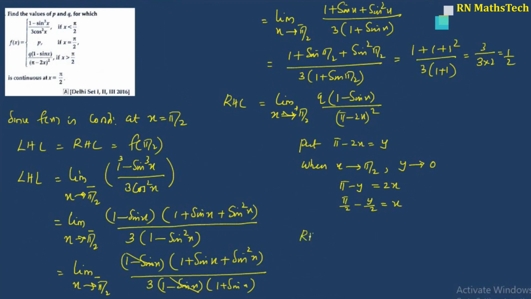So the right hand limit is equal to limit y tends to 0 of q into 1 minus sine of x, where x is pi by 2 minus y by 2, divided by pi minus 2x, which is y square.